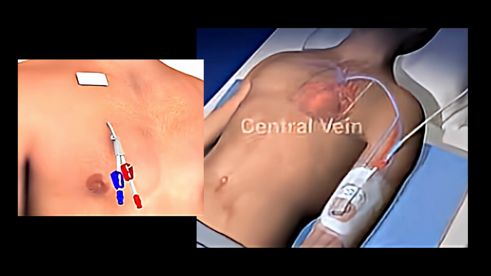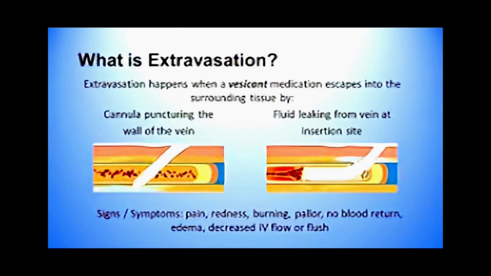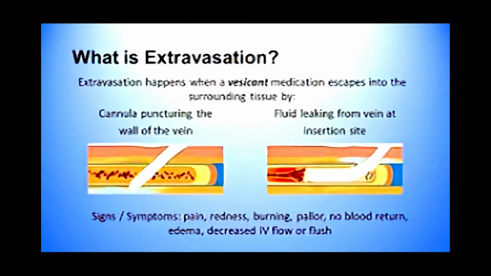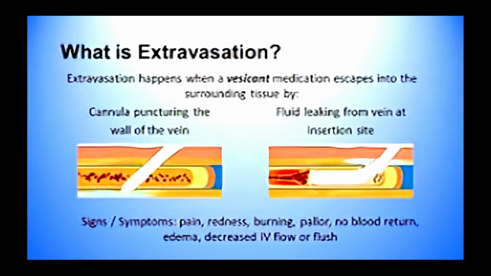And we also prefer to administer this solution through a central line, like a portacath or a PICC or a triple lumen catheter, due to the high potential of tissue damage and necrosis if the solution leaks into the tissues. And this is called extravasation.